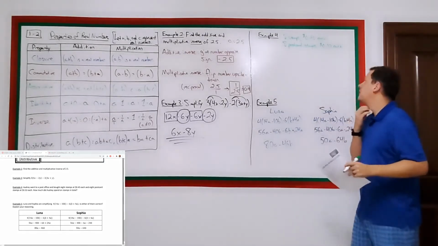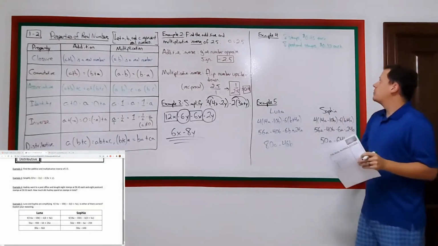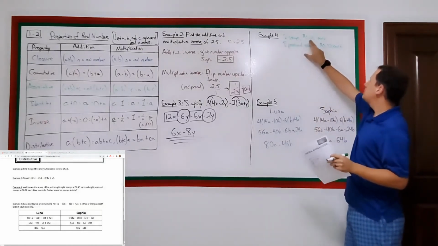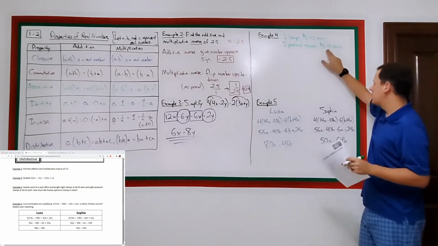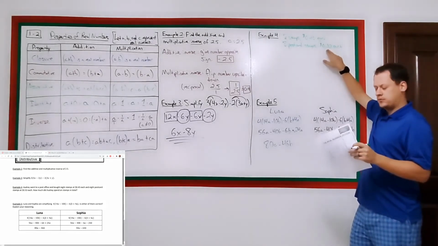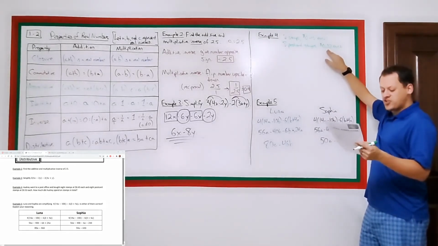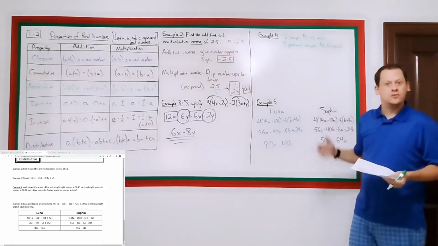So, before I keep reading the problem, I'm like, okay, so she bought 8 stamps that each cost this much, 8 postcard stamps that cost this much. Okay. How much did Audrey spend on stamps in total?